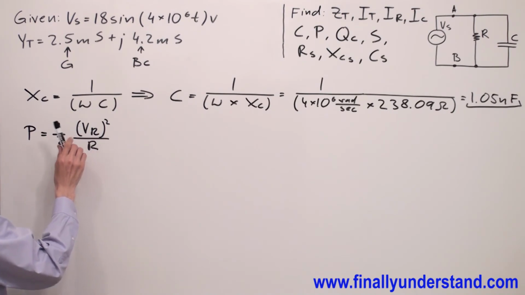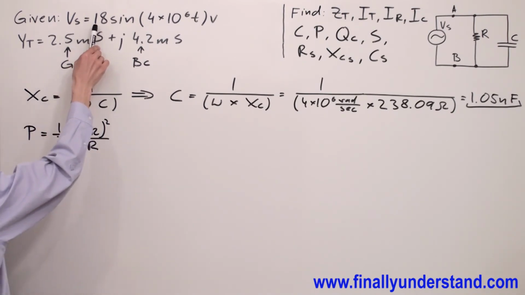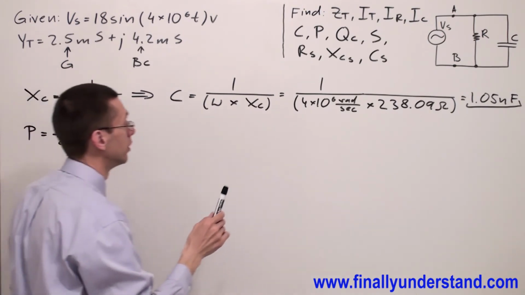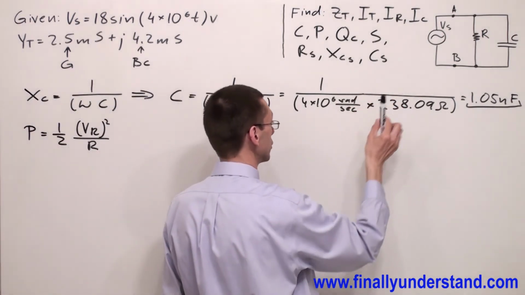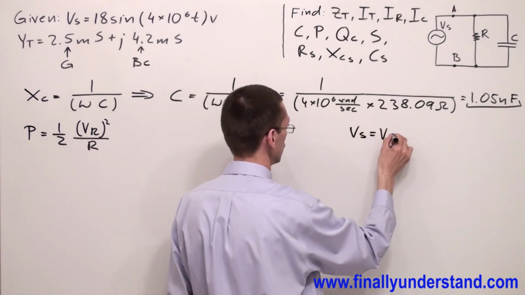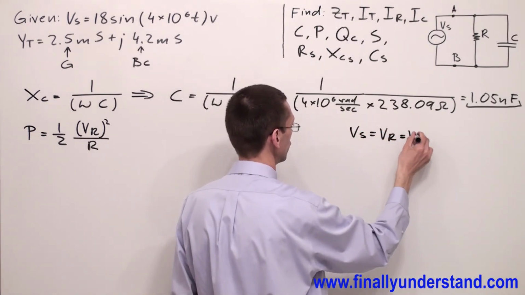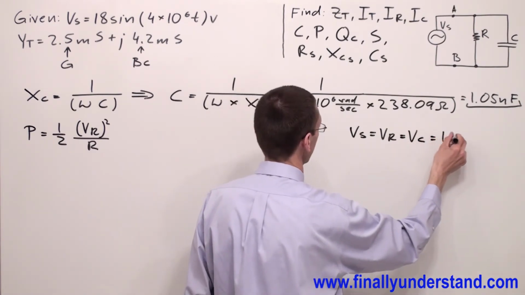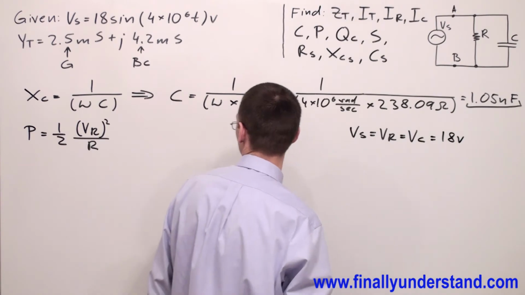Please notice that we are given voltage peak. This is a parallel circuit, so the voltage source is equal to the voltage across the resistor, and this is also equal to the voltage across the capacitor. Everything is equal to 18 volts.